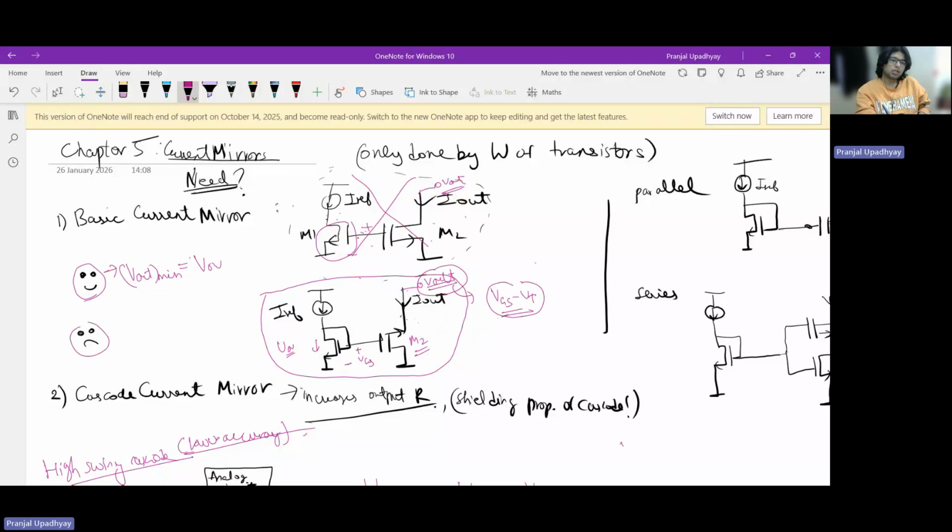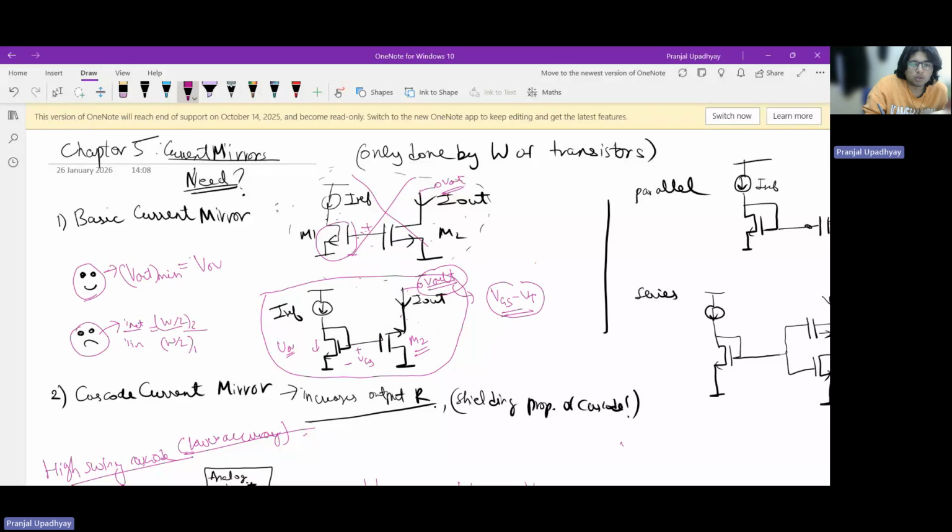Now, the disadvantage we can understand better when we consider a very important effect, which is channel length modulation. When you derive IOUT by IIN, since both transistors are assumed to be in saturation and the VOUT min constraint is satisfied, when you divide the two currents you are left with only the aspect ratios, W/L2 over W/L1.